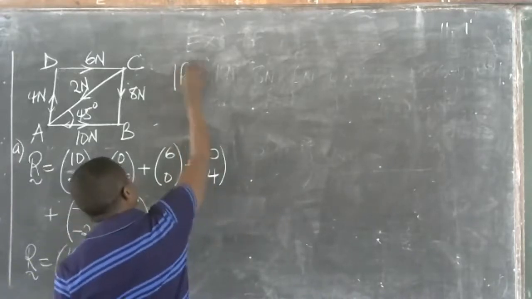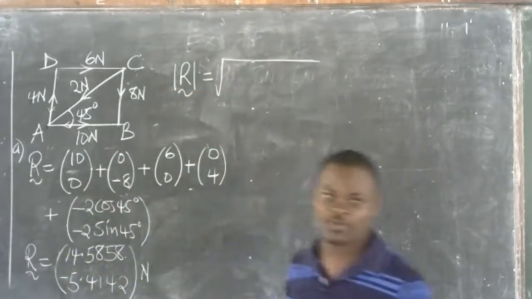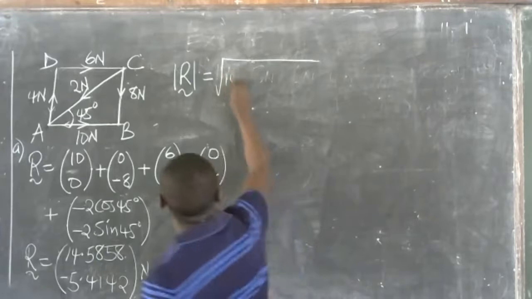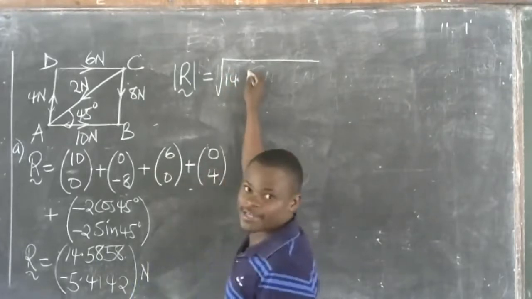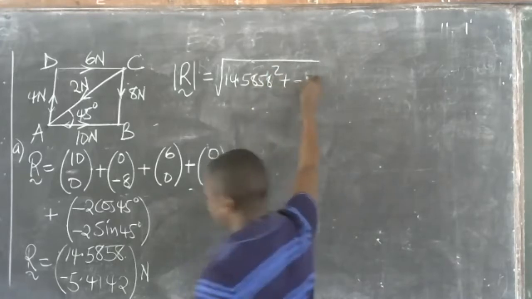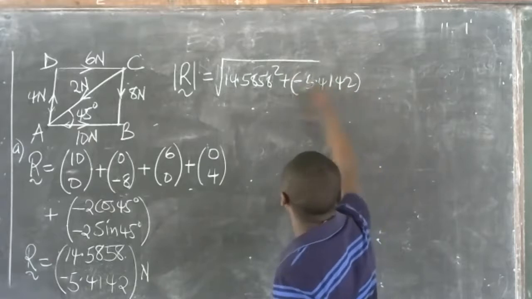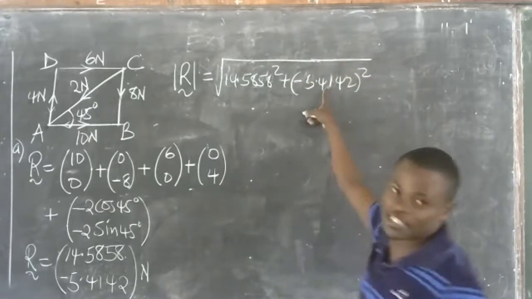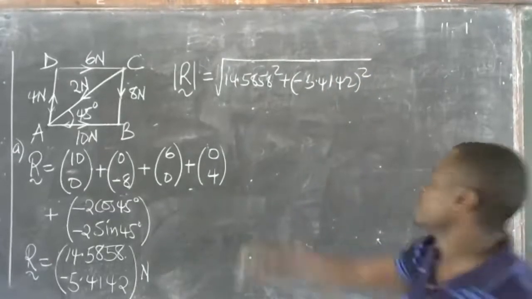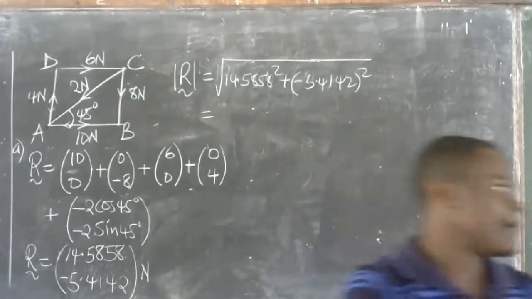Now the magnitude of the resultant, denoted as R magnitude, would be the square root of the components squared. But as I write this, I'm seeing a negative somewhere, meaning it should be in brackets. So if you don't put this component in brackets, you're finished. So we get this to 4 decimal places minimum.